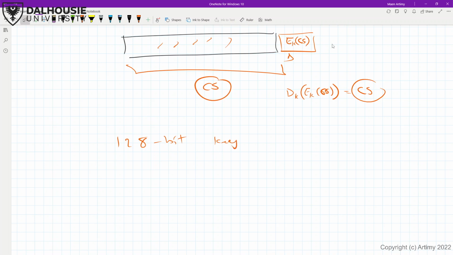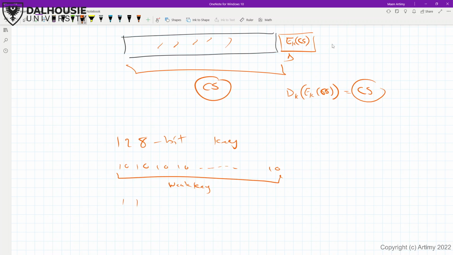But some people may choose, let's say, 10101010, which is considered a weak key. Why? Because people can try it, 101010, right? Any key with a specific pattern is considered weak.